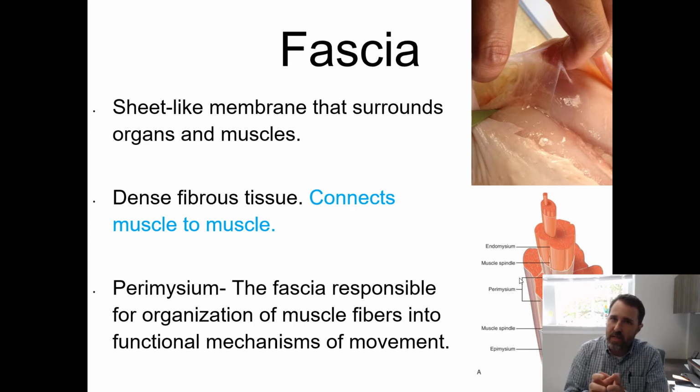And around each of those units is a layer of fascia. When we're talking about the fascia that surrounds muscles specifically, we call it perimysium. And this is an image of someone pulling the fascia up off of a chicken breast.